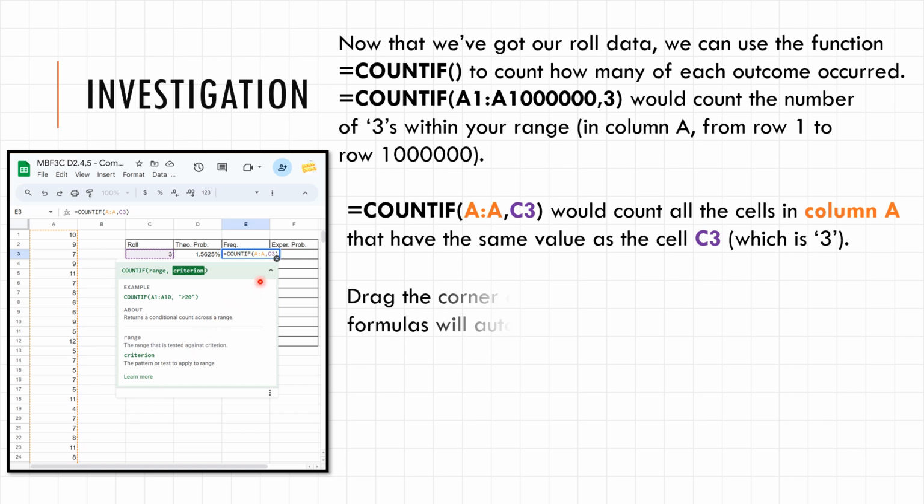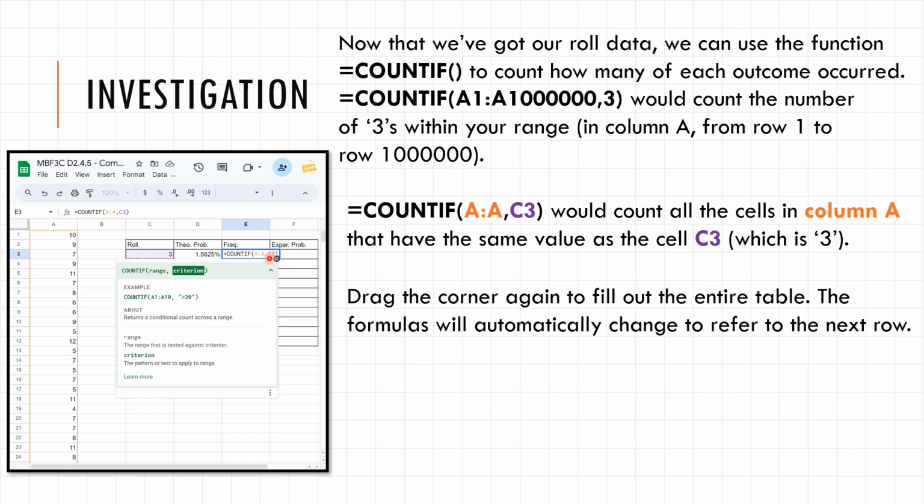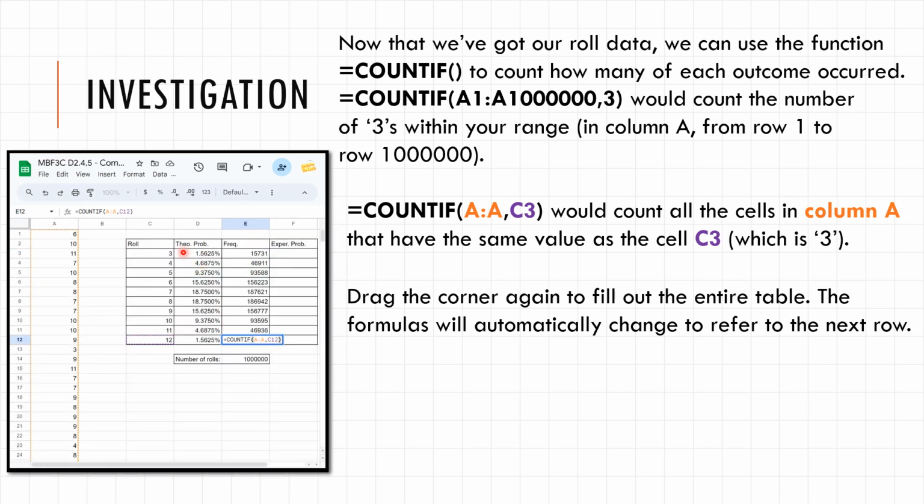And then again, I can do that click and drag the corner all the way down to fill out the entire table. Now, I've made this table myself, right? I've put in the roll data. I've put in my theoretical probabilities. Now I'm putting the frequency, and to actually count the frequency, I'm using the COUNTIF formula. So I drag that corner down here, and notice that as I'm doing it, this cell, C3, it automatically changes. If I had that in cell E3, yes, it was referring to C3.